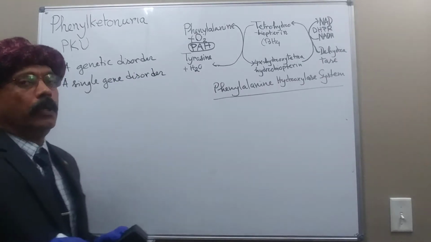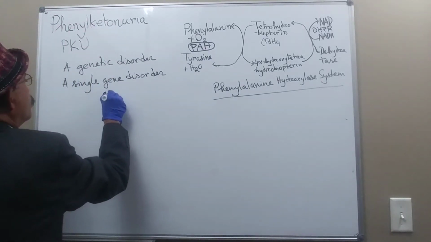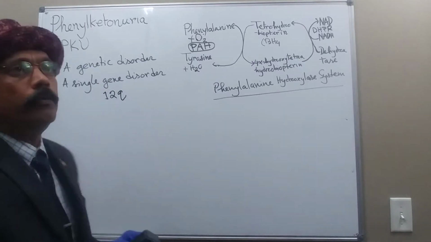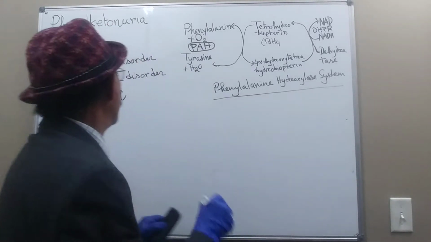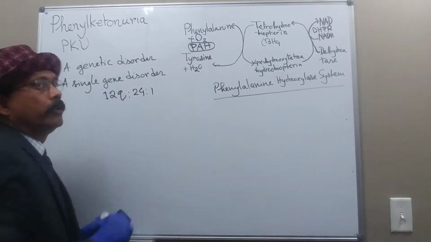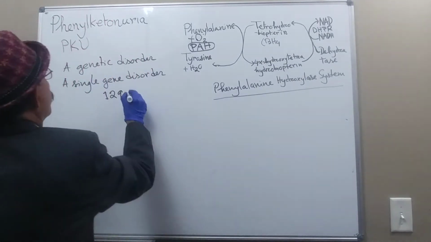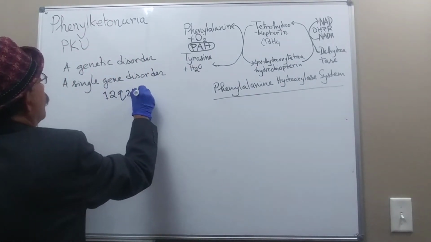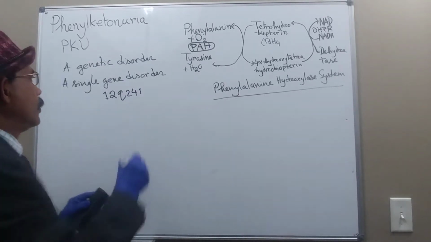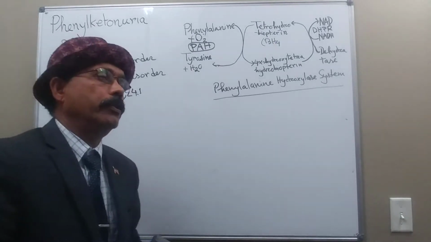The locus of the gene is 12q24.1. That is the location of the gene that is defective.